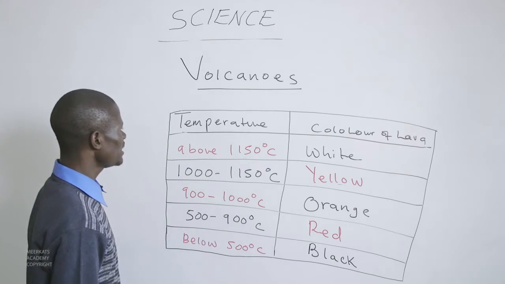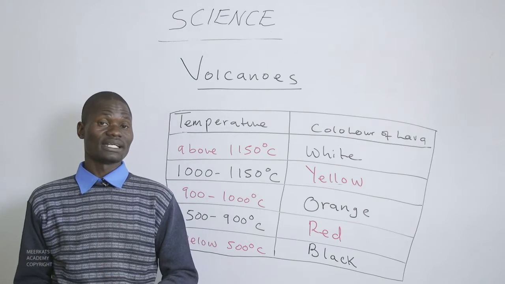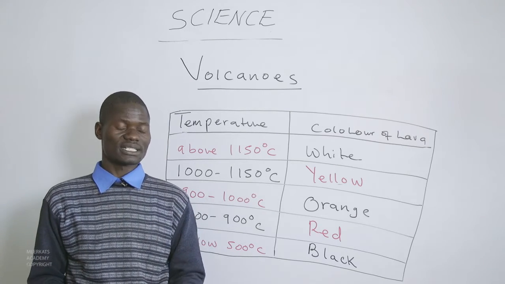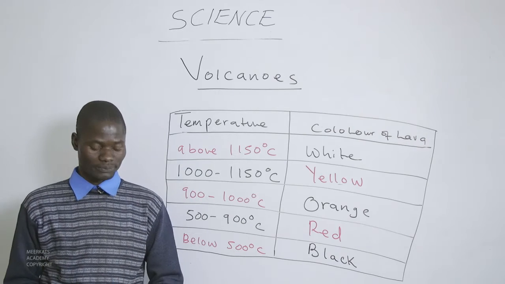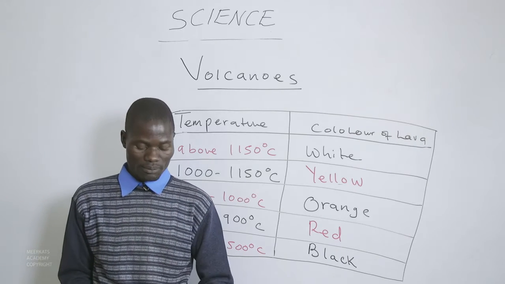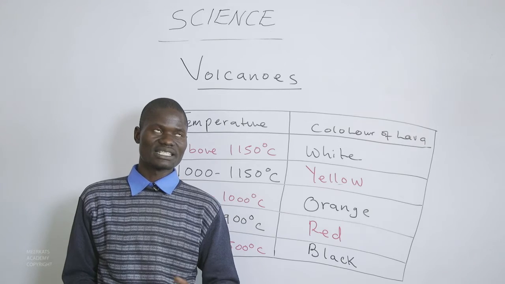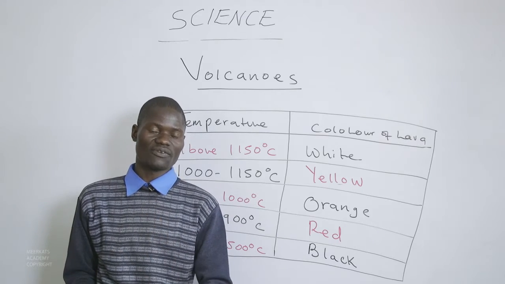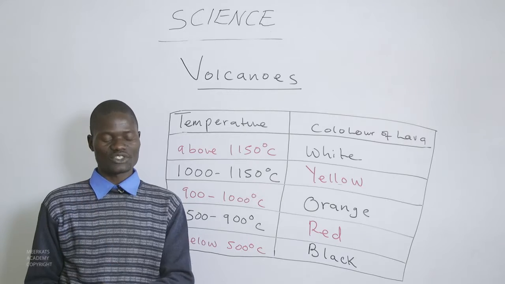Then we are able to look into it very carefully. We should have been able to understand that magma is a molten rock. It is in molten form. And where is it found? It is found in the magma chamber.